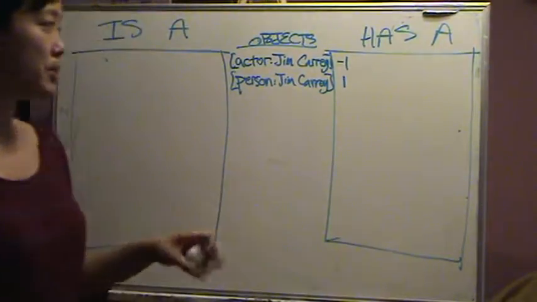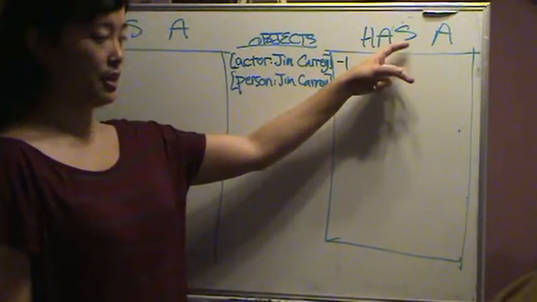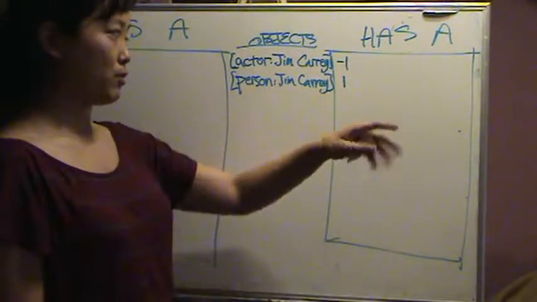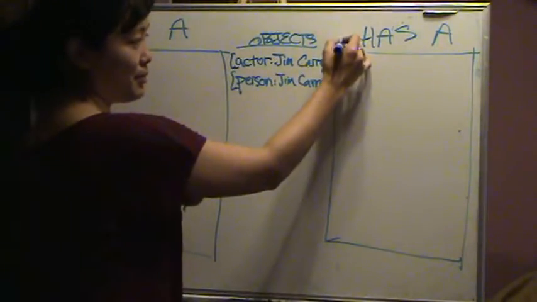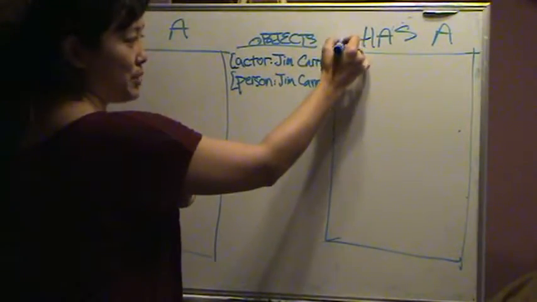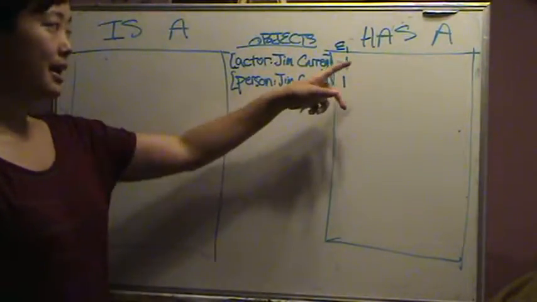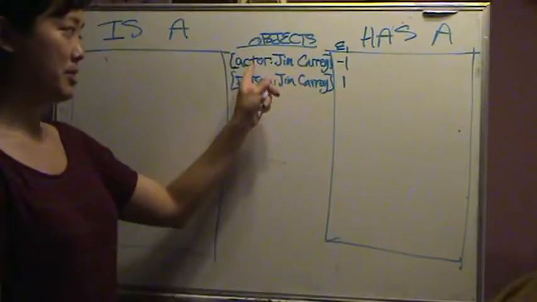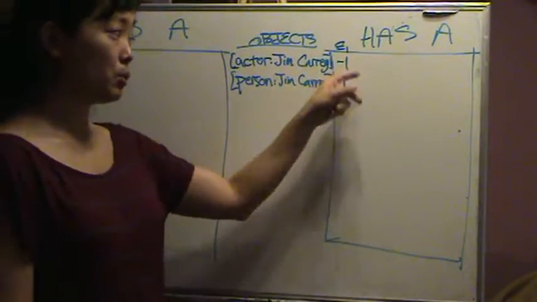And if you remember, the has a can only have one tail. So this edge right here, which we'll just call edge 1 for now, is defined by this tail. Again, because it can only have one.